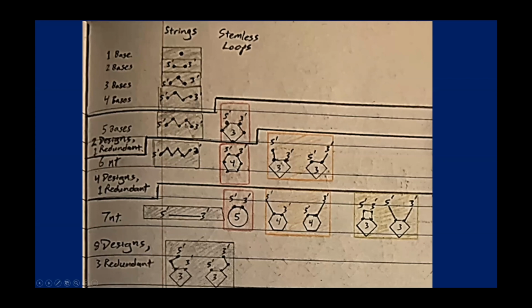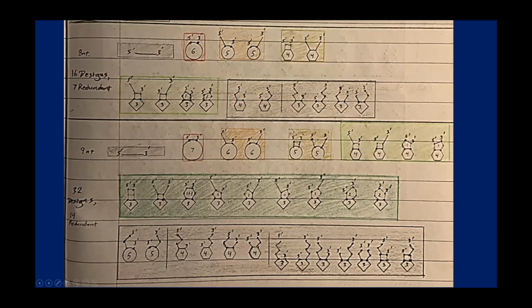I referred in my notes to these structures as tiers, emergent tiers of complexity in a design the longer they get. And each time you add a base, you always run through the same sequence of designs from the 1 base shorter set, and that continues on, and of course the number goes up for every base we add.